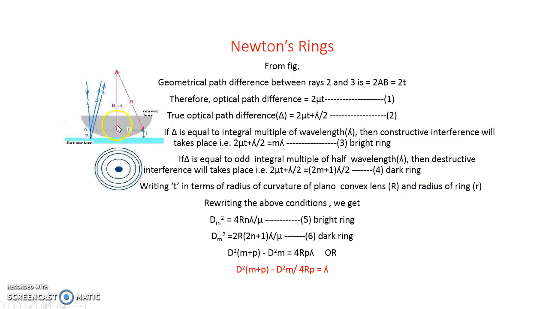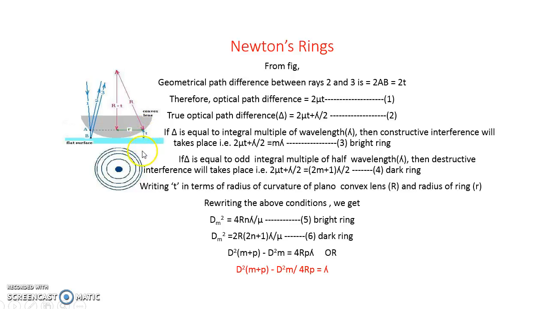If I extend the convex part of this lens, it will form a sphere, and if this is the center of the sphere, it represents the radius of curvature of this lens. This is capital R, and this small r is the radius of the dark or bright ring.